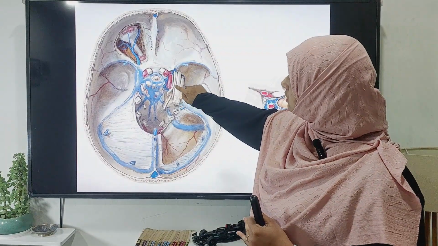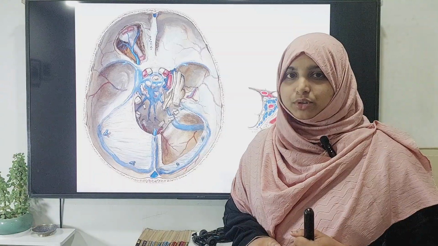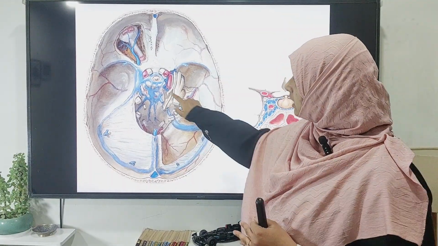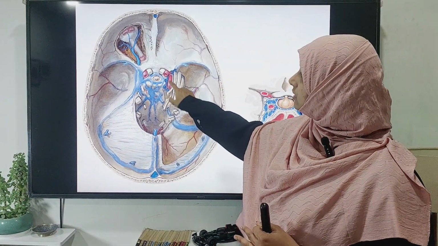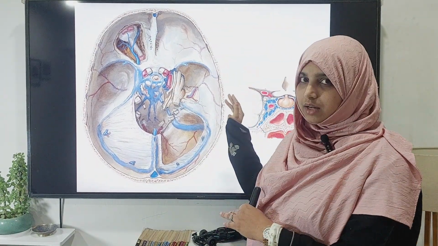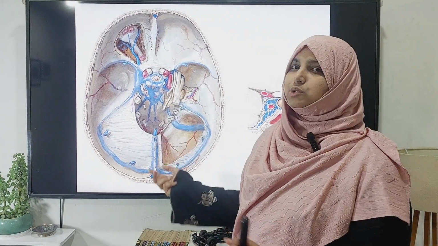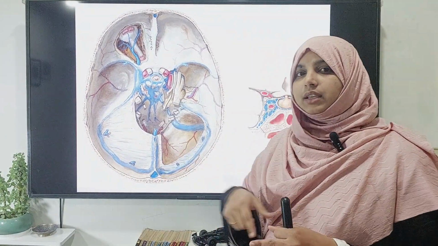Then we have the trochlear nerve. Next, we need the abducent nerve. Where is it going? In relationship with the artery. It is not lying on the lateral wall of the cavernous sinus, but a little inferior, next to the internal carotid artery. So it is traveling inside the cavernous sinus.